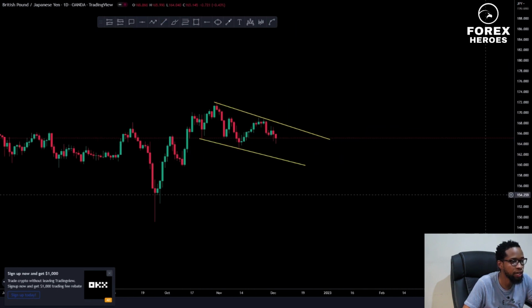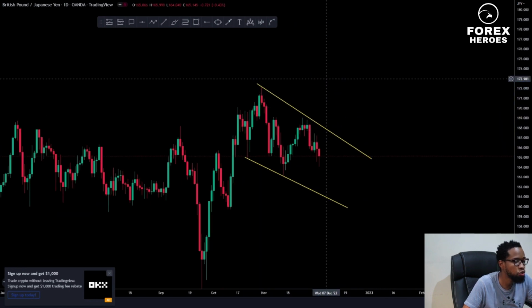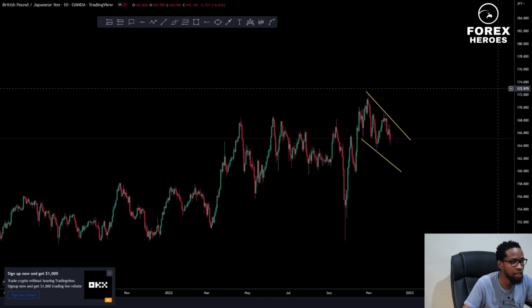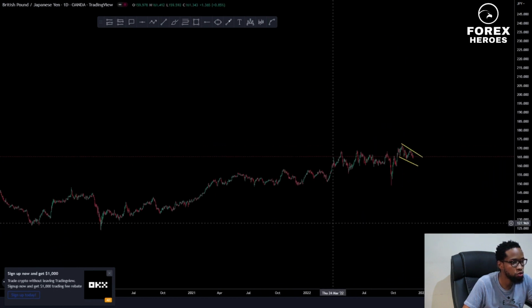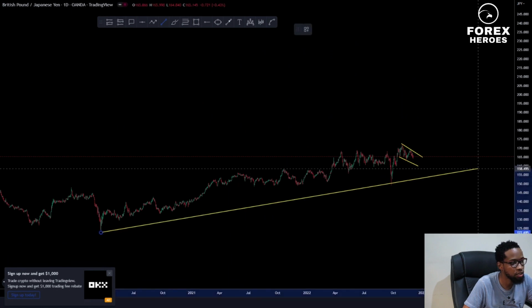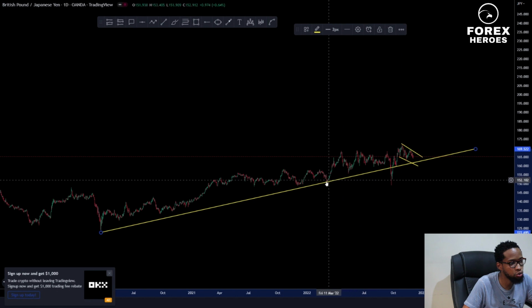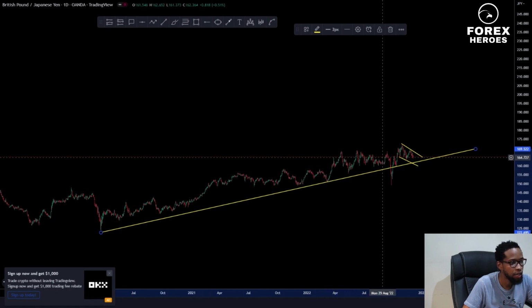It's always wise to look at the market where the market is currently making movements. Yes, we do know the previous structure. Say if I zoom out, we do know the previous structure. We've been pushing to the upside, as you can see. With this dip, they came to retest at this level.